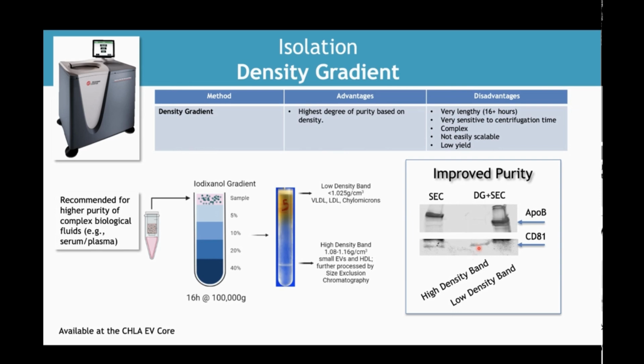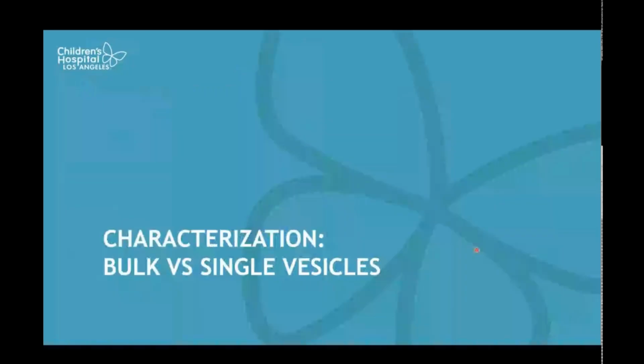In the end, we get a product, by combining density gradient and size exclusion, which is devoid of ApoB, which is a marker for LDLs, and only has exosomal markers. In this case, we're looking at CD81.